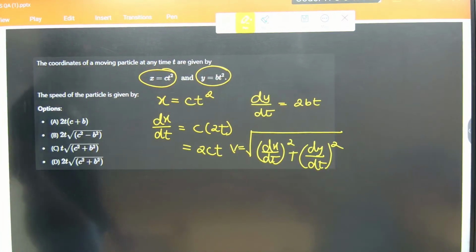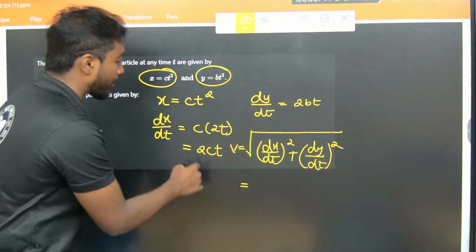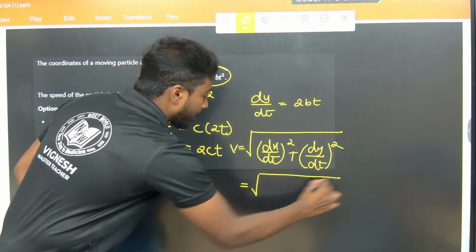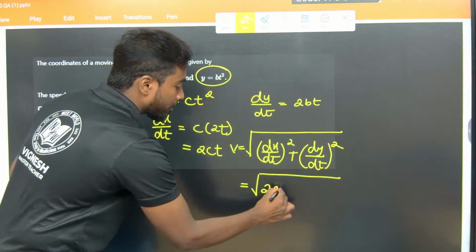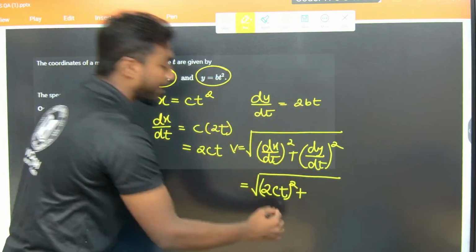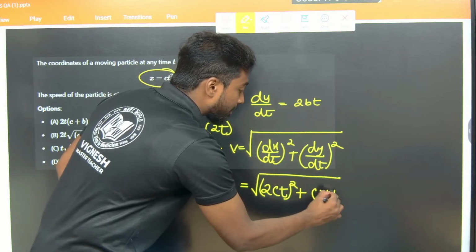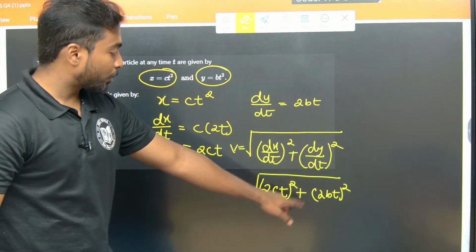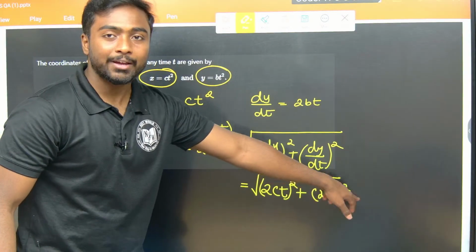Okay. Now what about dx by dt the whole square? What will I get? 2ct, no? So root over 2ct the whole square plus 2bt the whole square. So this is 4c square t square, and for this it is 4b square t square.